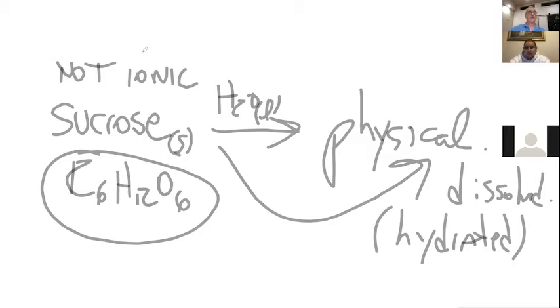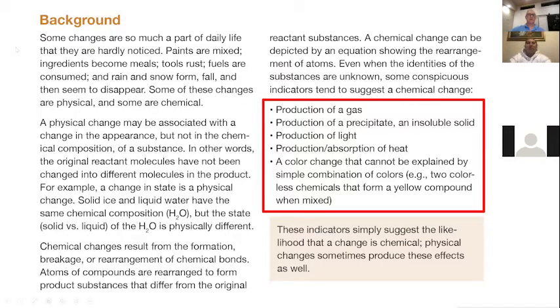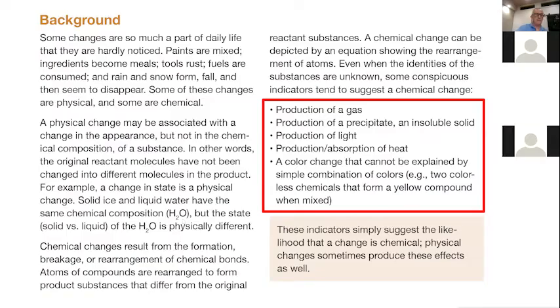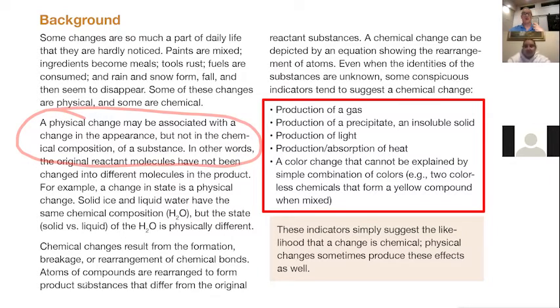So when we're doing our experiment tonight, the major background here is basically what the differences are between them. Over here, it gives you an idea that a physical change may look different. A physical change may involve a change in color, but does that mean that it's a change in chemistry?